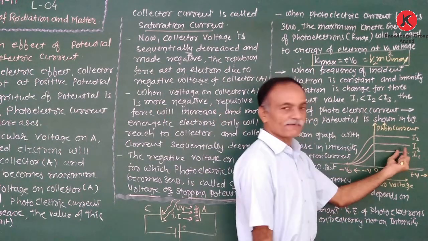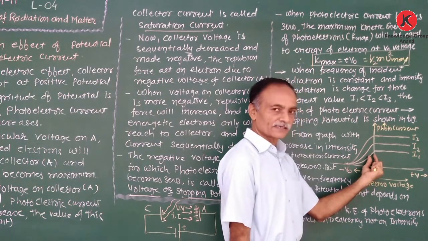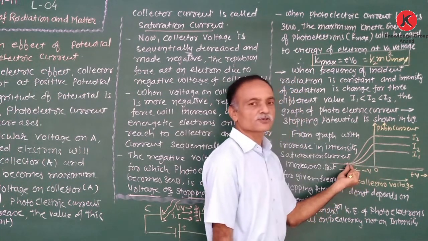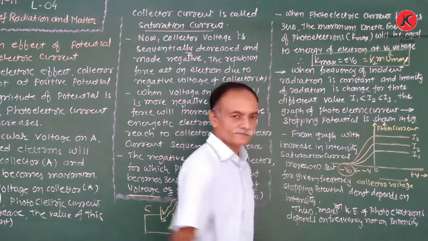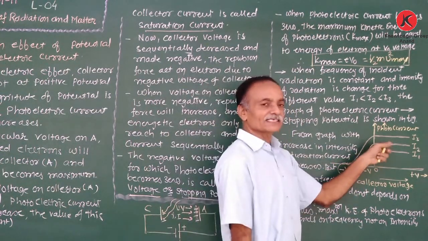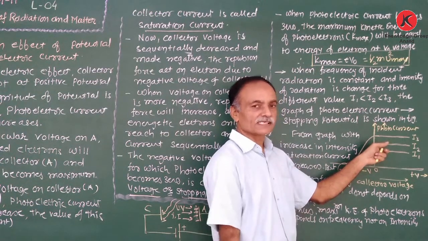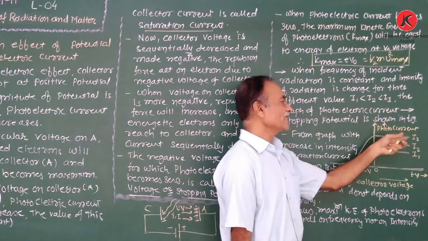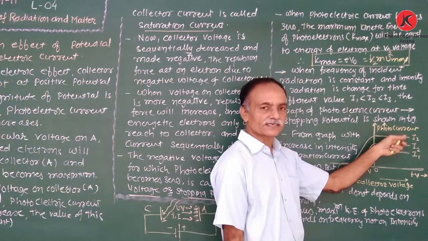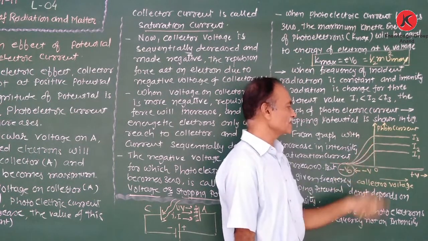For intensity I1, the frequency is constant, so the stopping potential is minus V0. Now, as we increase the intensity at the same frequency, the stopping potential is also the same. Further, we increase the intensity of the incident radiation by keeping the frequency constant.